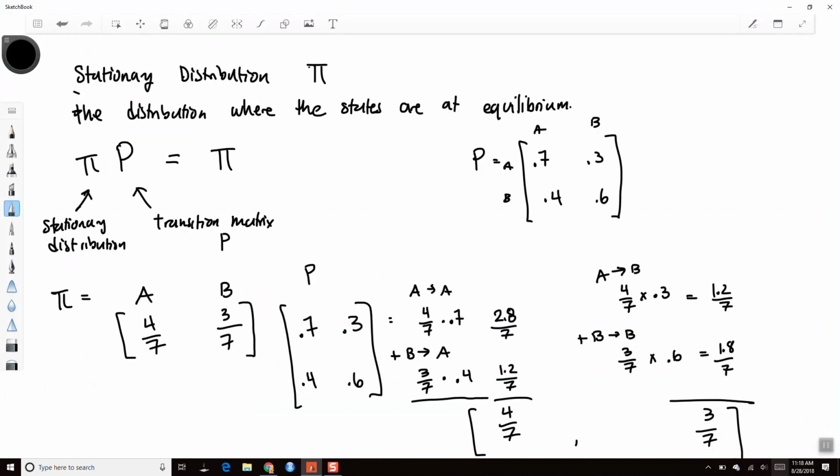So if the population has this distribution of 4/7 and 3/7, after we apply the transition matrix, it still has the same distribution, 4/7 and 3/7. Okay, and so we say when our chain has reached this point, it has reached its stationary distribution, because applying the transition probabilities doesn't affect the resulting distribution.